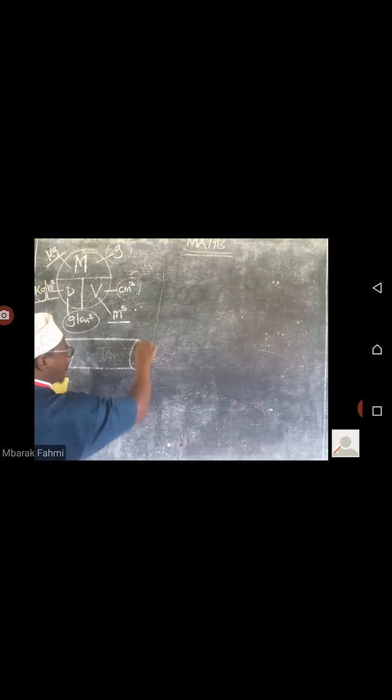What is the question asking us for? You're told a cylindrical pipe of 2.5 meters long. So we have a cylindrical pipe of 2.5 meters long, which has an internal diameter of 21 millimeters.